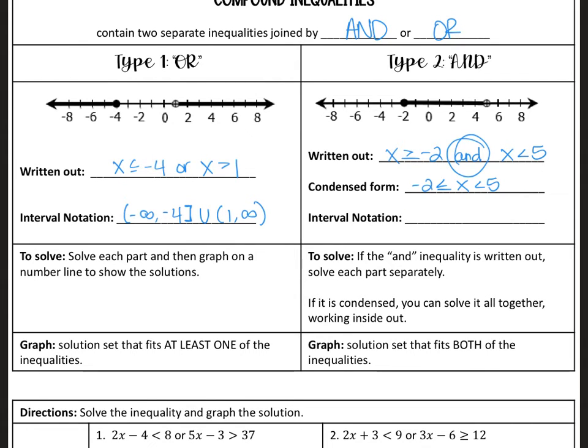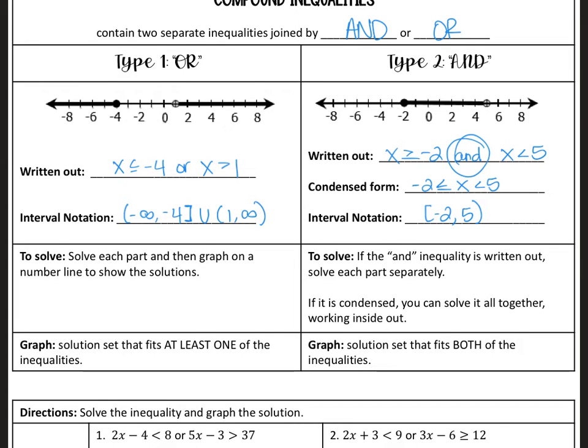All right, and then interval notation, again, is just writing it as an interval, all the values that this compound inequality can take. So it can go from -2 to +5. -2 is included in the interval, and 5 is not included because x has to be less than 5.